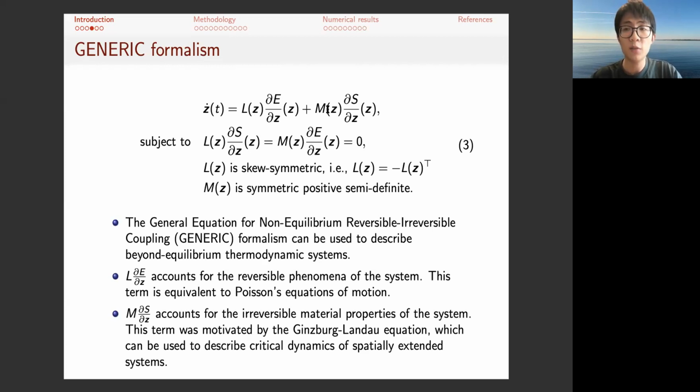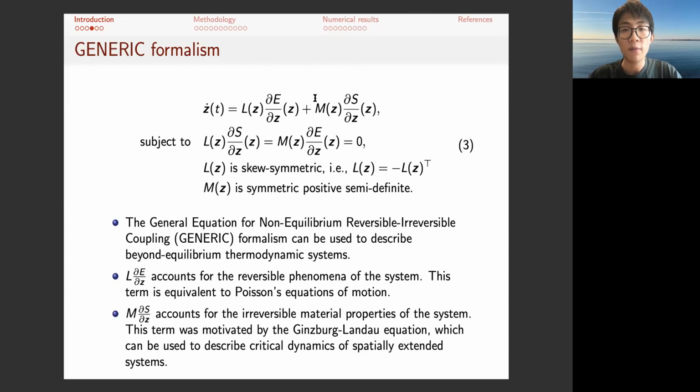This formalism is specifically useful because it can be used to describe beyond-equilibrium thermodynamic systems, and it can be used in the modeling of complex fluids. Here, the L dE/dz term accounts for the reversible phenomena of the system, and this term is equivalent to Poisson's equation of motion.